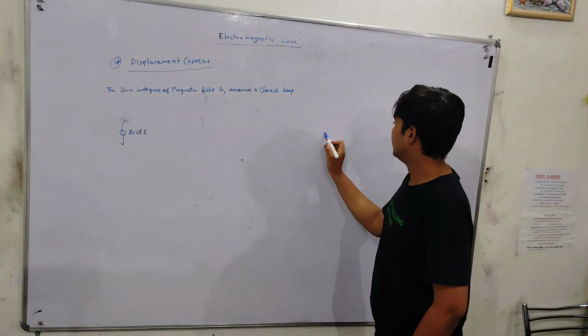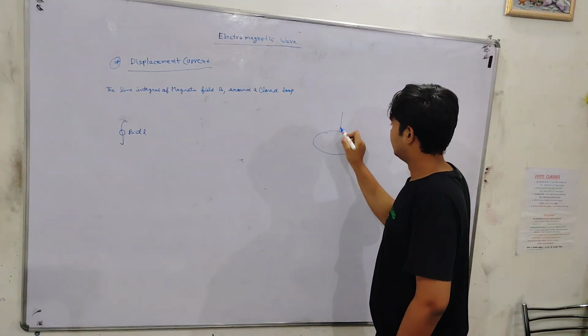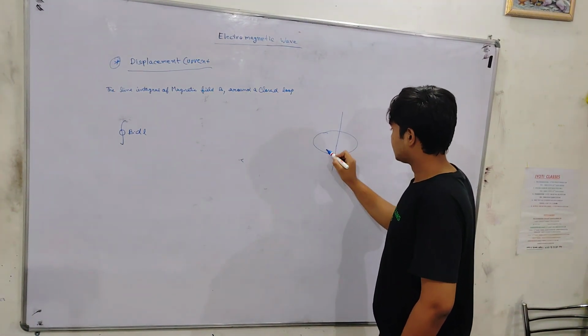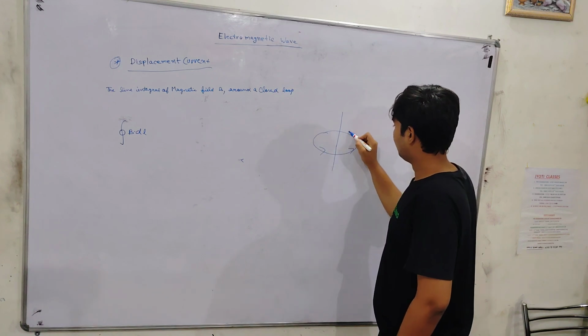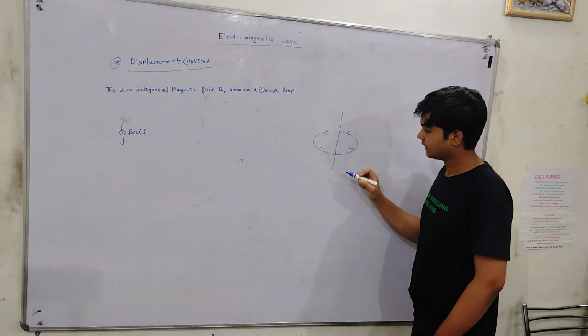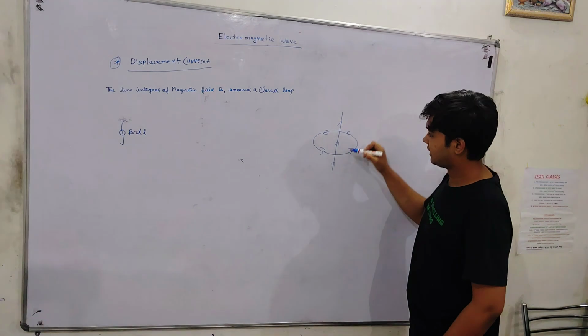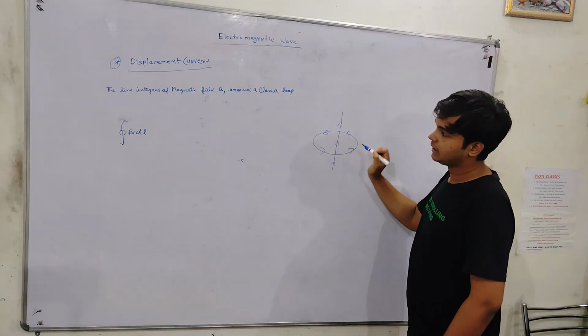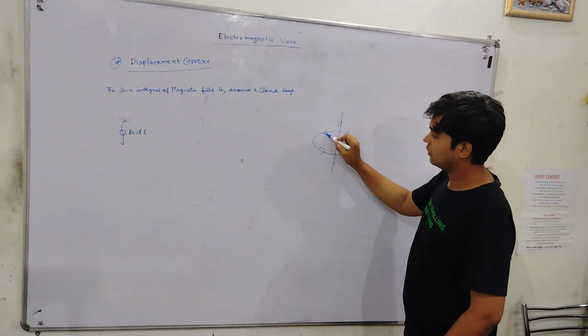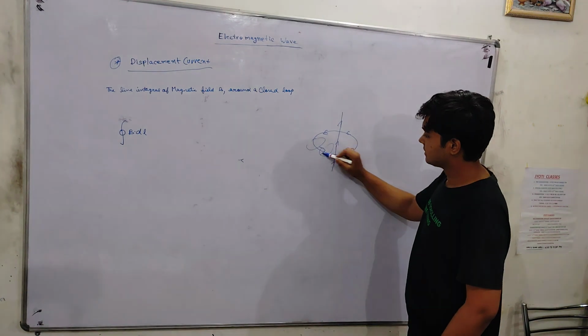The diagram will be like this. This will be the loop around the current carrying conductor. Current will move in the upward direction and the loop will be there. The magnetic field B around the loop will be like this.